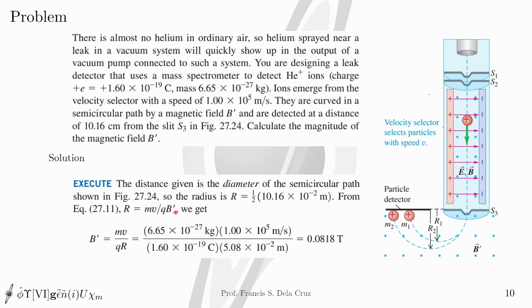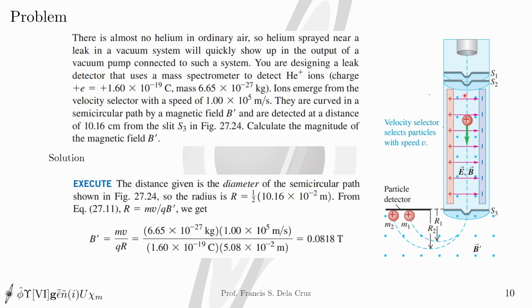So from our equation for the radius of curvature of charged particles once they are outside the velocity selector, R equals mv over qB, we can solve for B prime. We are not interested in the magnetic field inside the mass spectrometer, because that magnetic field, together with the electric field, applies a balancing force on the ion.